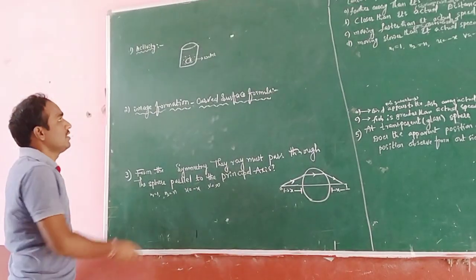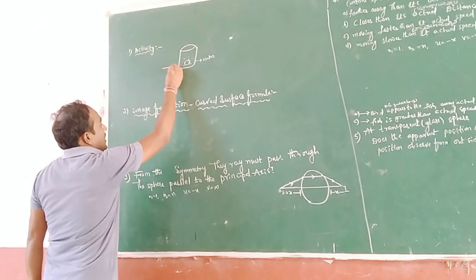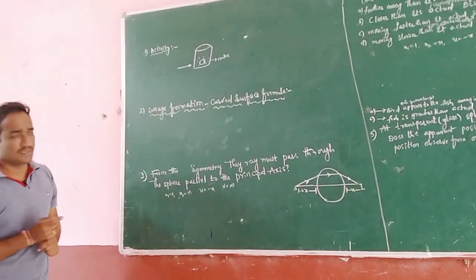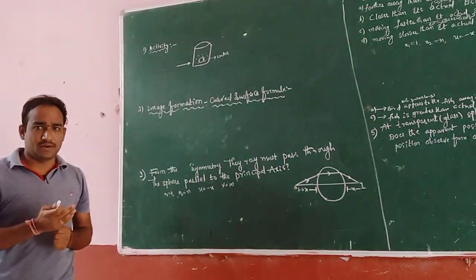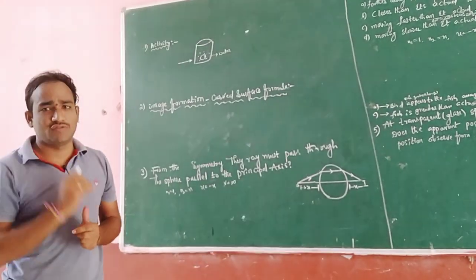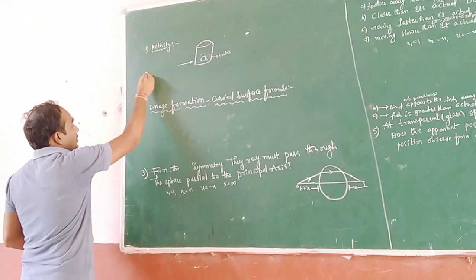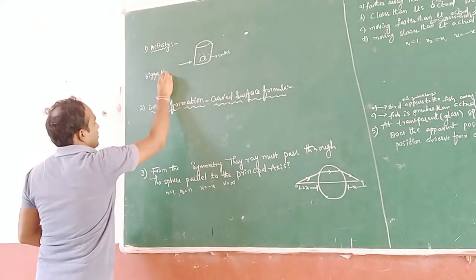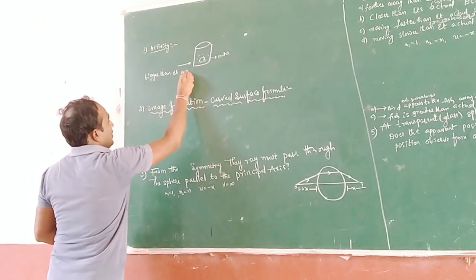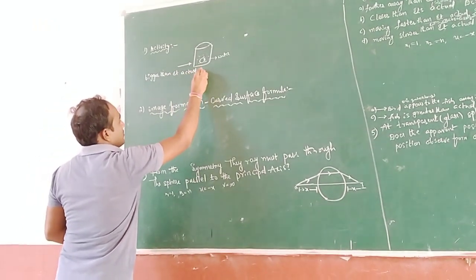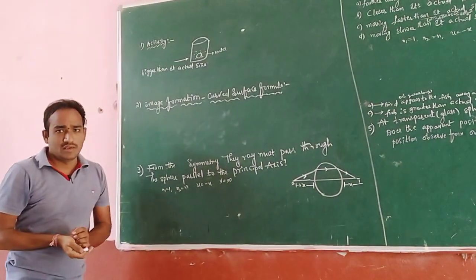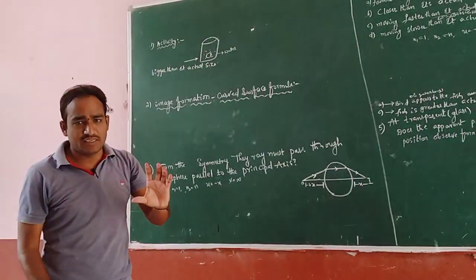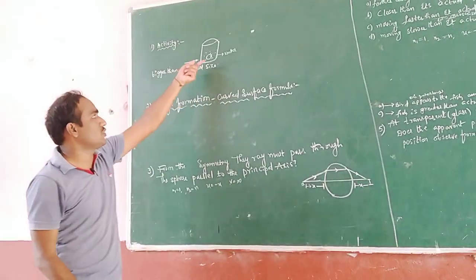After that, we have to look in the horizontal direction. How will it appear? The lemon will appear bigger than the actual size. Initially the lemon appears at actual size, as there is no water.